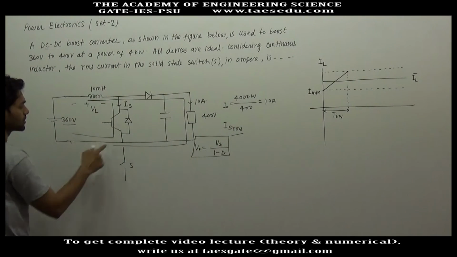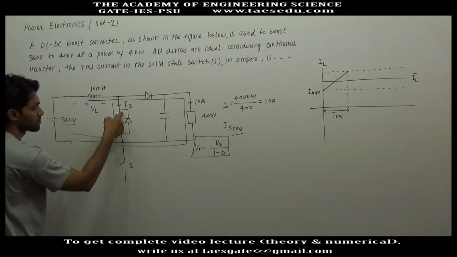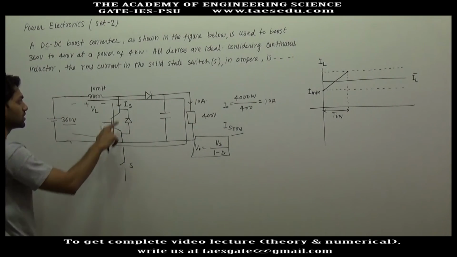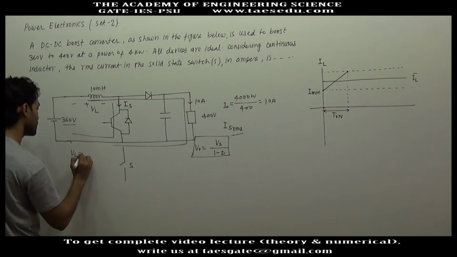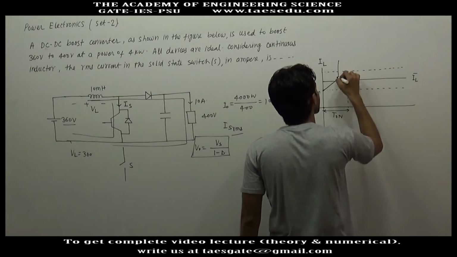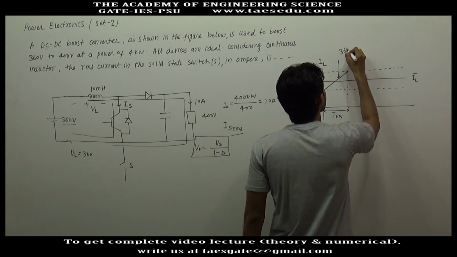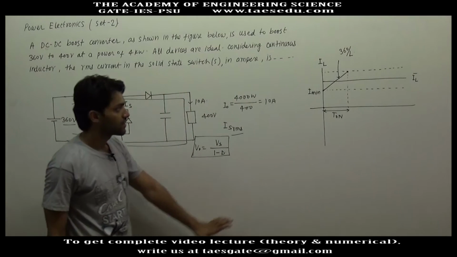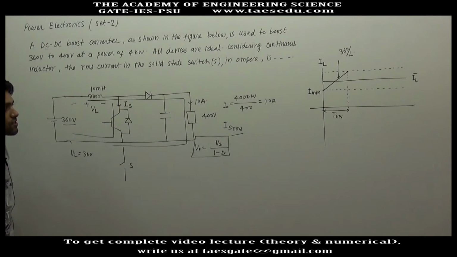If we move in this loop, the switch is connected, so it provides a short path. So VL will be 360 volt. So the rate of increase of inductor current will be 360 divided by L. For detail, you may refer to the theory lecture of chopper circuit.